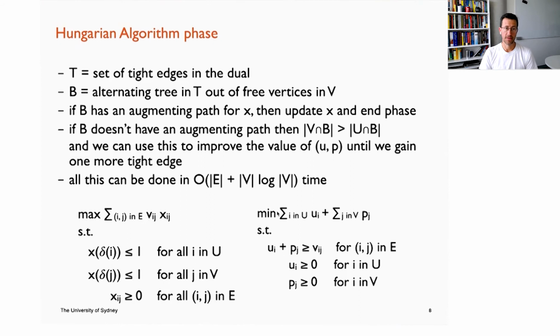But if there is no such augmenting path, then we can find another structure that allows us to decrease the value of the dual solution until one more edge becomes tight, in which case we can keep growing the tree, and eventually we are bound to find an alternating path and an augmenting path, and then the phase will end.